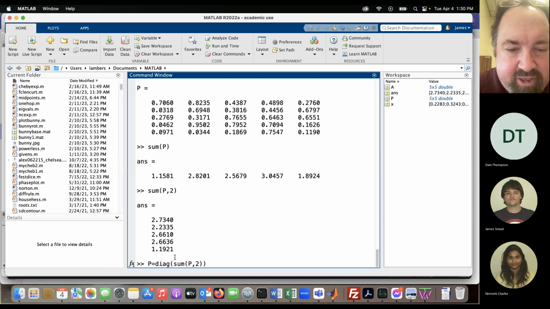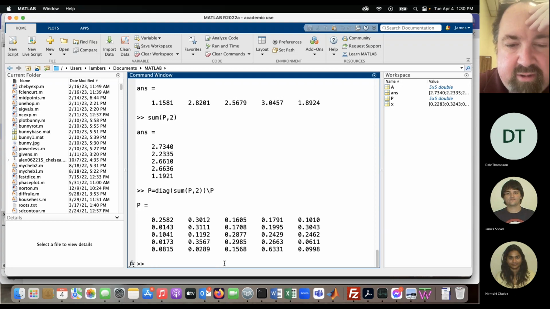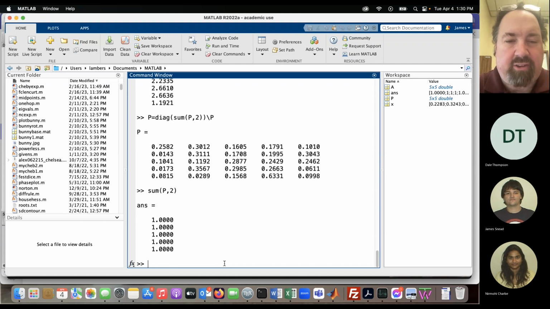So these sums will sit on a diagonal, but then I want to multiply the inverse of this diagonal matrix by P. Whenever you're using backslash, what's on the left side of a backslash will be inverted, and that inverse will multiply what's on the right side. So it's this inverse times P. I'll go ahead and do that. Okay, so now if I sum the rows of this matrix, I get all ones. So now this is a valid right stochastic matrix.